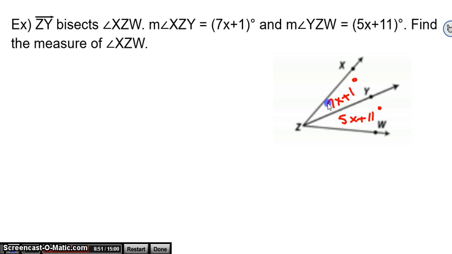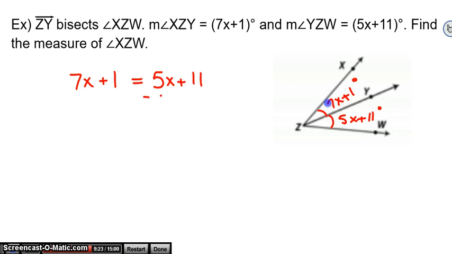Now in the beginning it said that ZY bisects this angle, which means that these two angles that are connected by ZY are congruent. They are the same size. To find the measure of the angle, we first have to find the value of x. Since those two angles are congruent, I can set angle XZY equal to angle YZW, and then solve the equation.